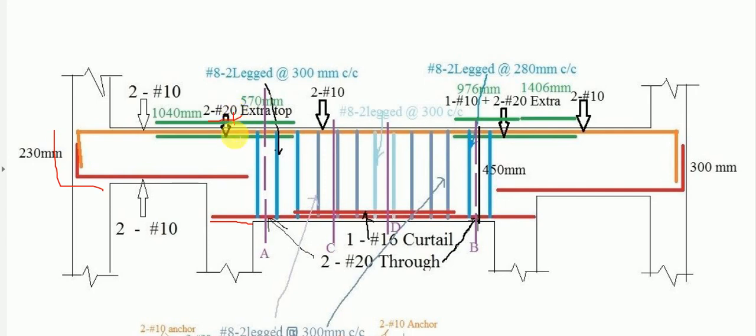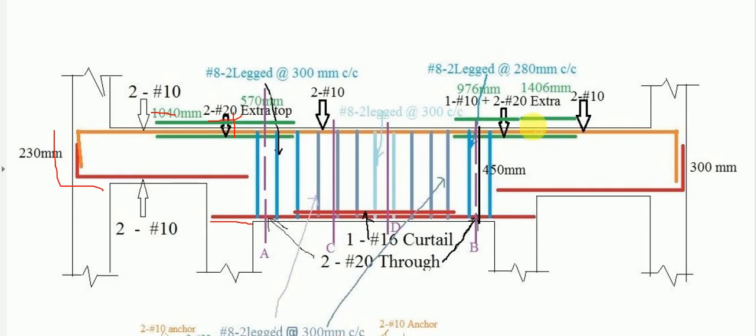From support B we have calculated the actual point of cutoff as 570 mm, and in span AB, this is not the actual distance, there was something like 900 and something distance, so that distance is to be provided along this side. Similarly for span CD, in addition to the 2 bars of 10 mm we have provided extra 3 bars.